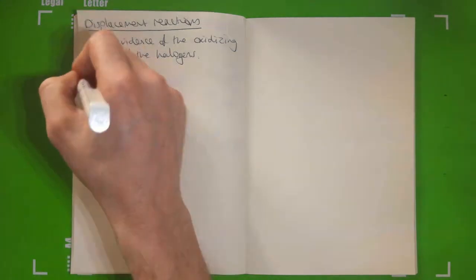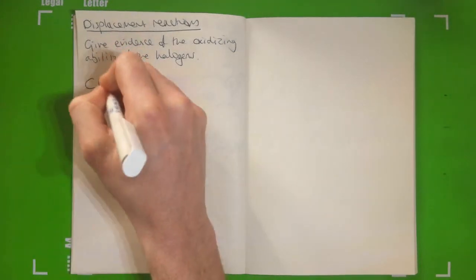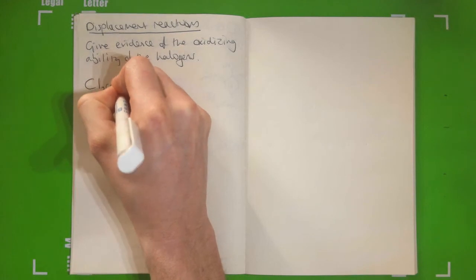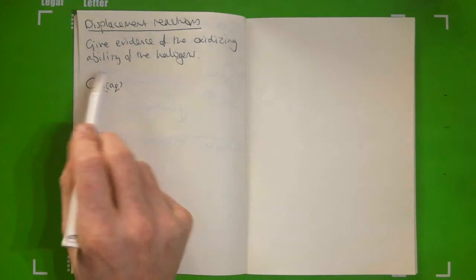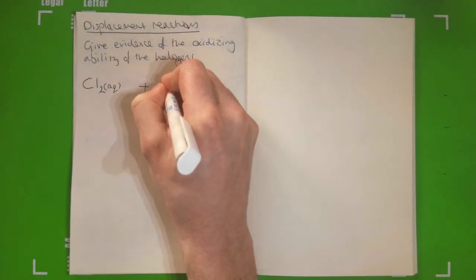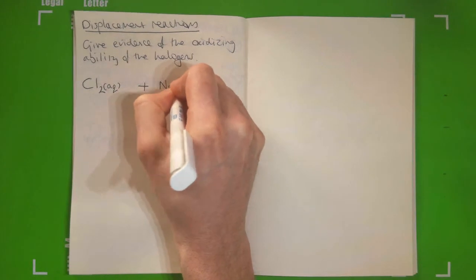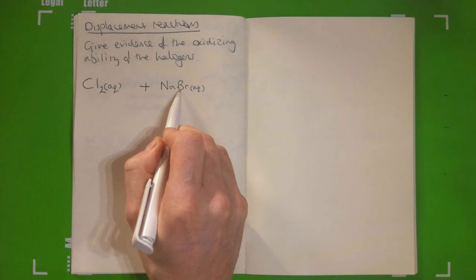So if I've got a solution of Cl2, so the everyday name of this would be called chlorine water, and I decide to react that with salt. Now this is what we call a sodium halide, remember?